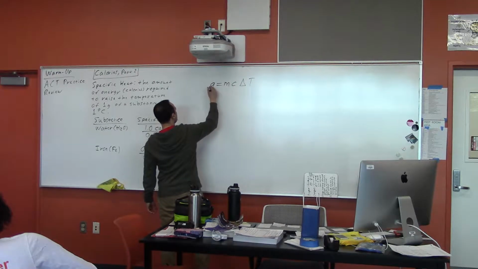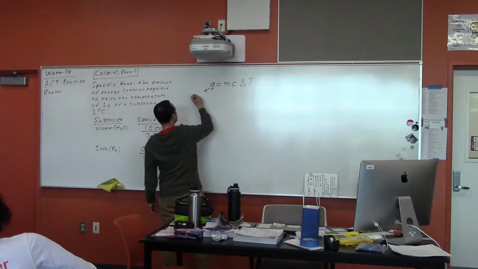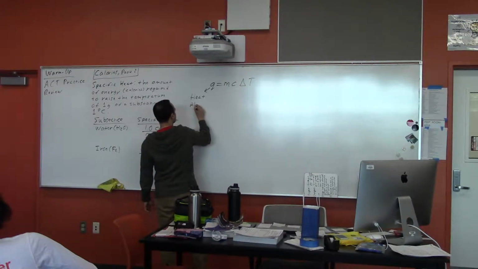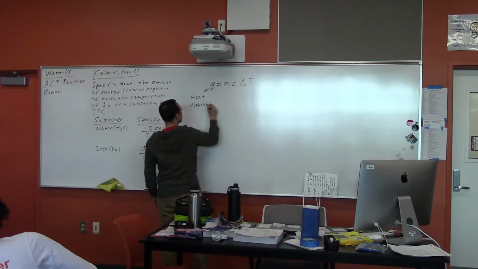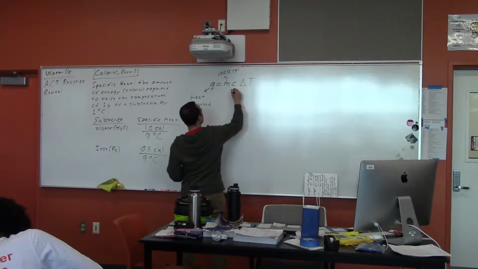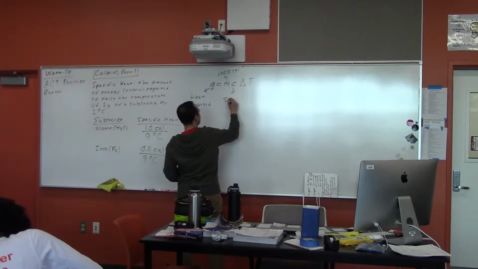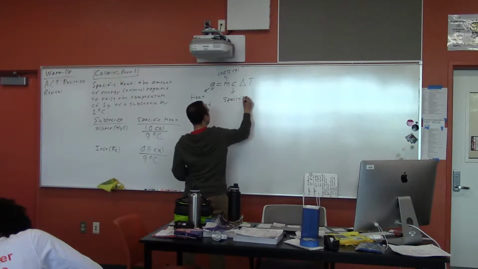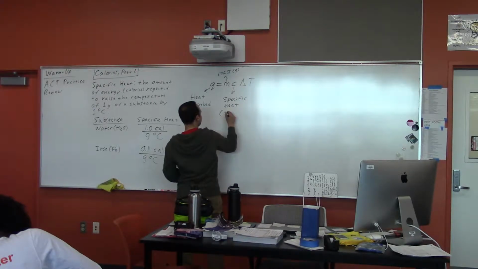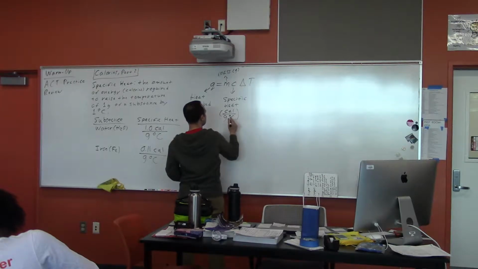Where Q stands for heat absorbed, M stands for mass, and it's mass in grams. C stands for specific heat, and the specific heat is in calories per gram degree Celsius.